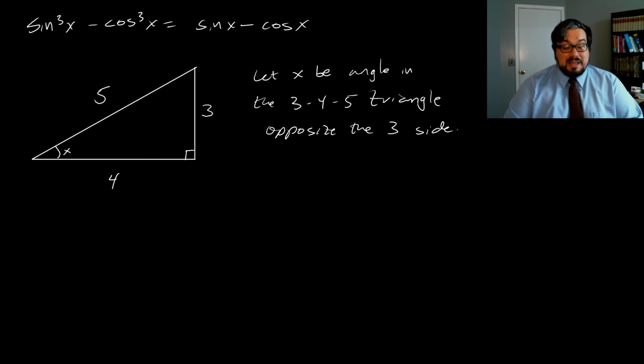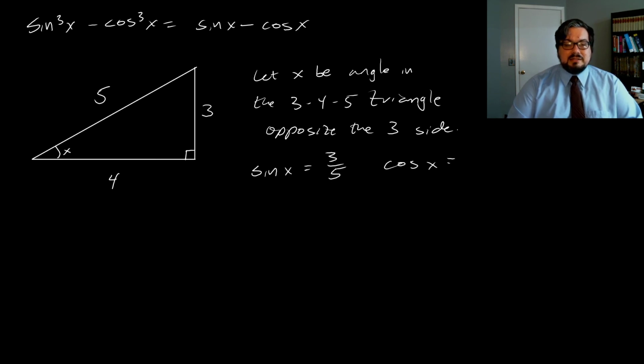It's not one of our normal angles. It's not 30, 60, or 45. It doesn't have a super nice expression, but we do know that it exists, and we know that sine of x is equal to 3/5, and we know that cosine of x is equal to 4/5.